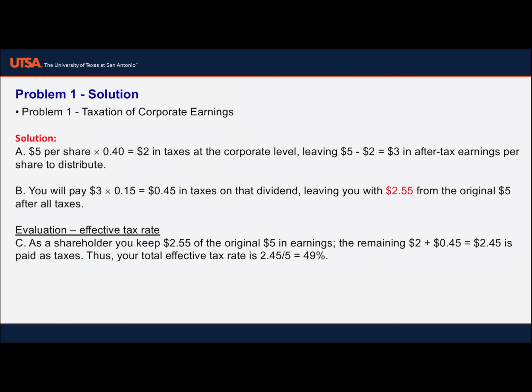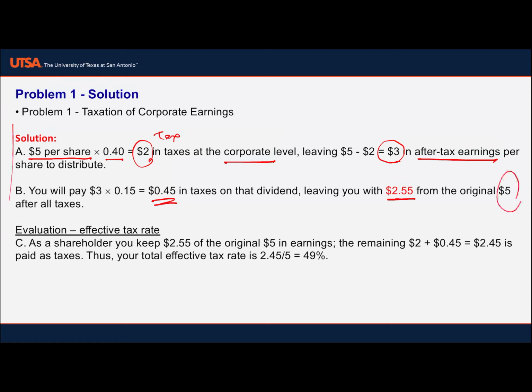Okay, problem 1, solution. We have $5 per share, and we're paying 40% corporate tax, meaning we pay $2 tax at the corporate level, and $3 is the after-tax earnings per share. As income tax, we are paying 15%, so $3 multiplied by 15% is 45 cents. That leaves us $2.55 from the original $5.